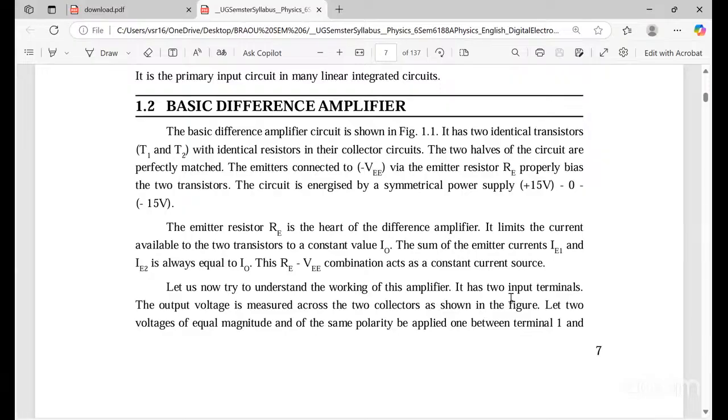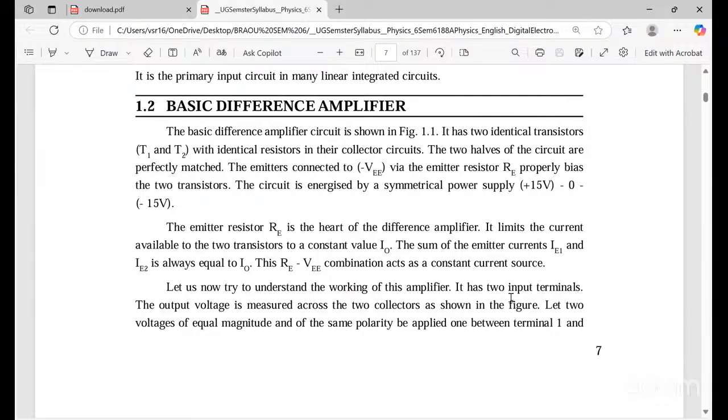These are to be stabilized, giving a constant current set only by the emitter resistor RE. Whenever these currents are fed through RE, it limits the current: IE1 plus IE2 gives I naught. So that is a constant current. That is why RE is the heart of the differential amplifier.